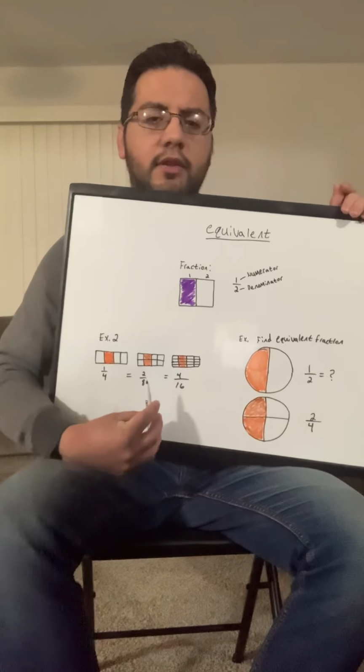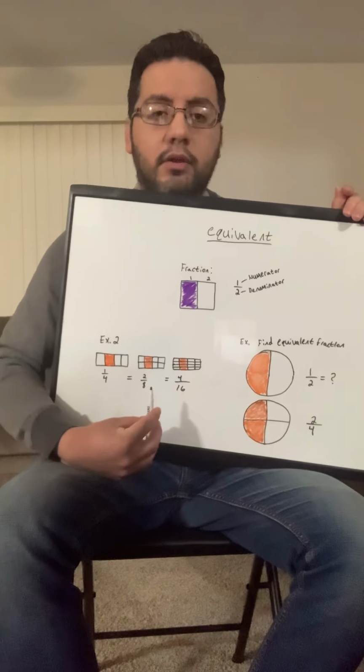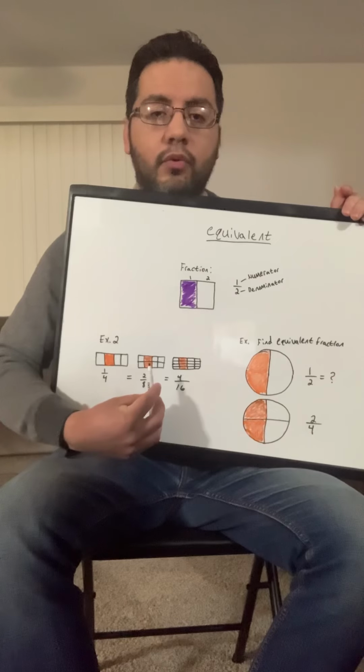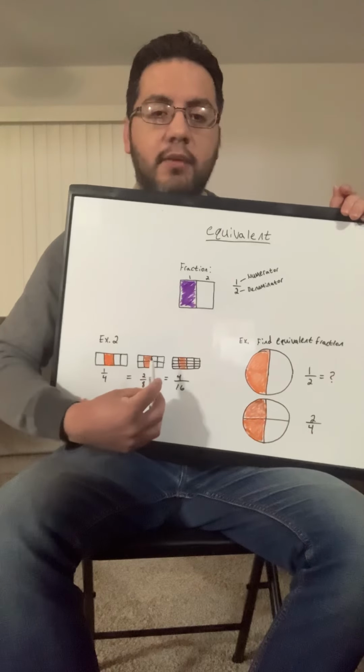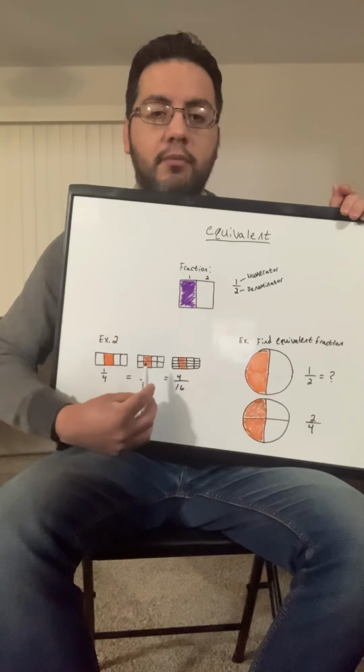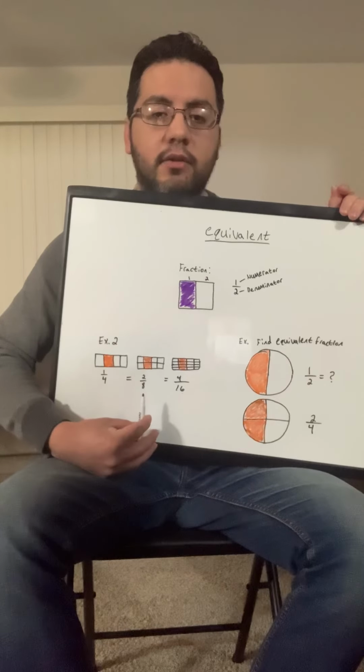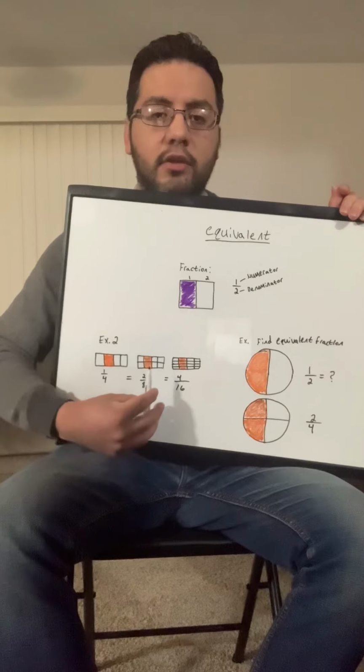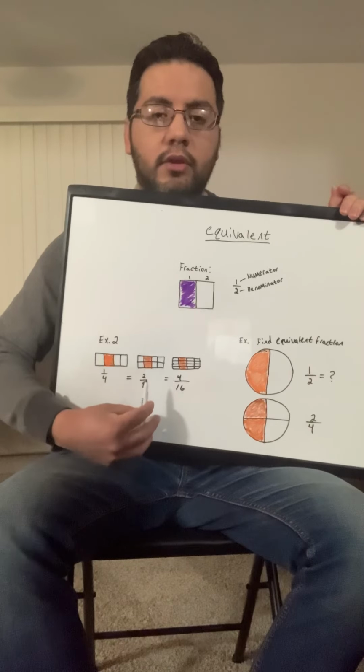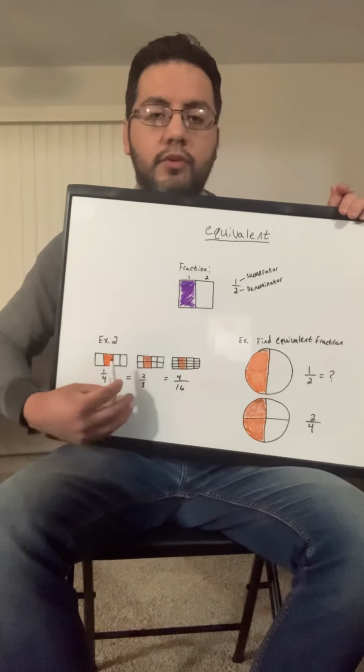And then if you take a look at this one here, you have 4 boxes on top, 4 boxes on the bottom, for a total of 8 pieces on the denominator. How many are shaded? 1, 2. So you have 2/8. These 2/8 are equal to this 1/4.